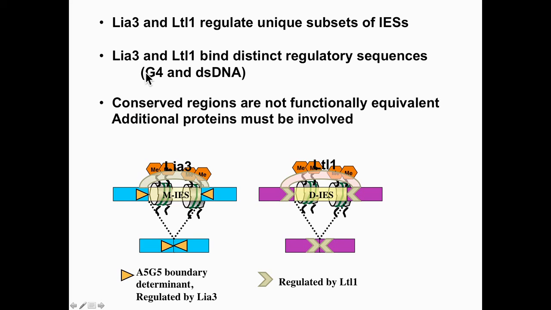We think this is one of the first really clear examples where we have a protein that binds to a G quadruplex structure in vitro that actually regulates that same sequence in vivo, and I think this is one of the best pieces of evidence that G quadruplexes can form in vivo. Those conserved regions aren't functionally identical, and they may have evolved from transposases.